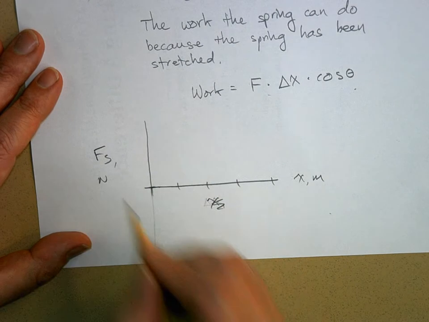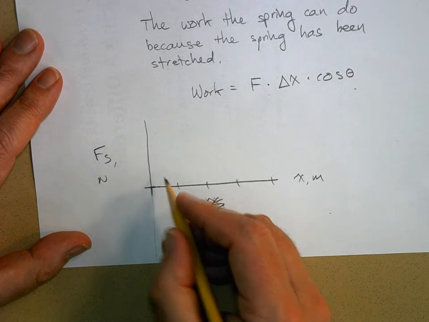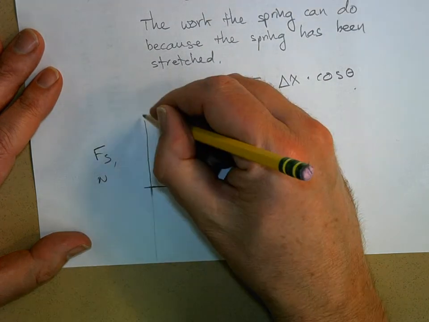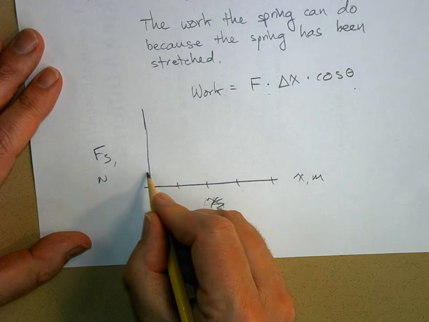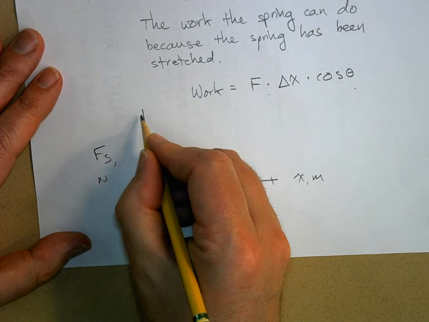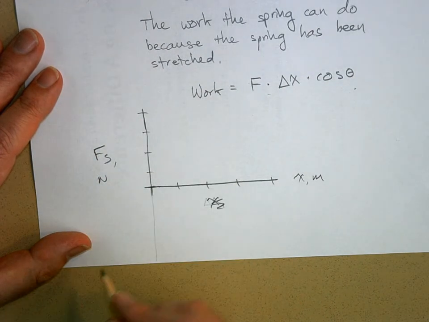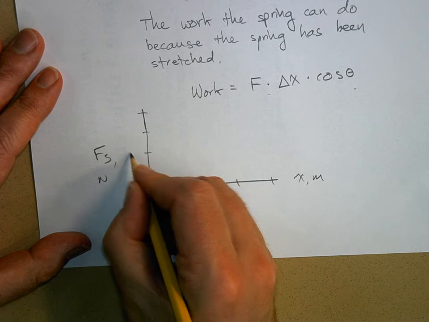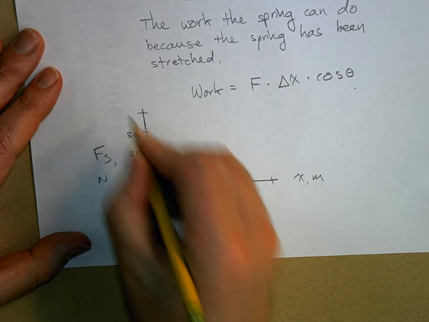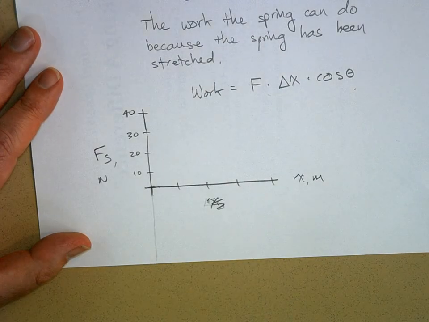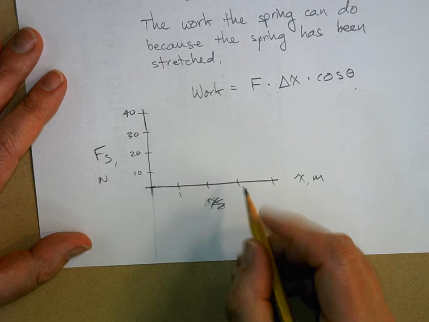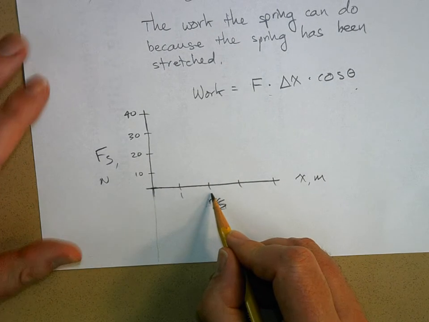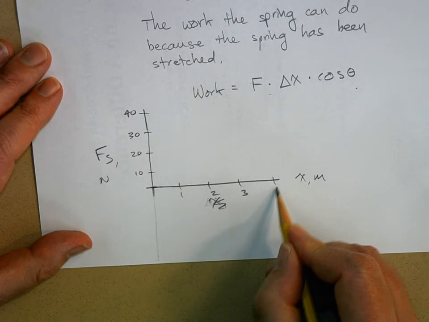Now, I'm just going to make up some data: 10, 20, 30, 40, at 1 meter, 2 meters, 3 meters, 4 meters. I'm going to keep this super simple.